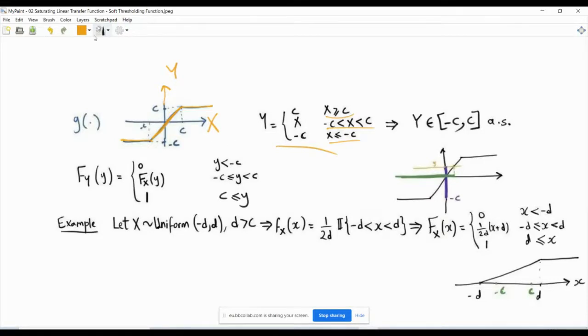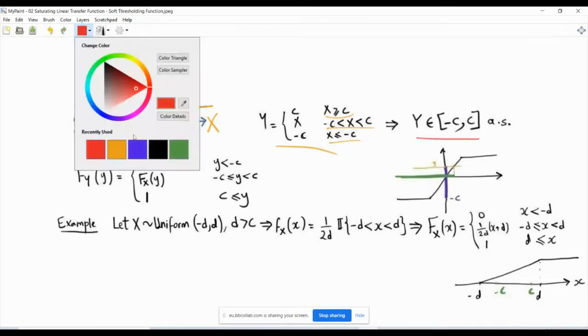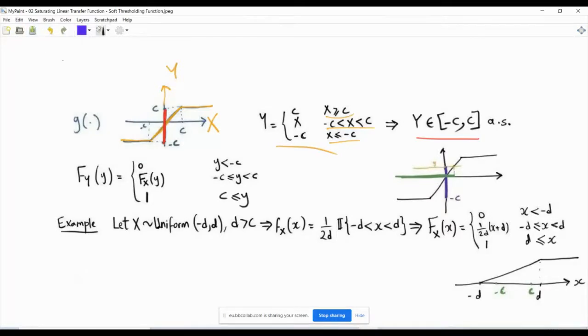The possible values of y live only between minus c and c, so y is between minus c and c almost surely, because whenever x exceeds c, y is c, and whenever x goes below minus c, y is equal to minus c. Now the question is, what is the CDF of y?